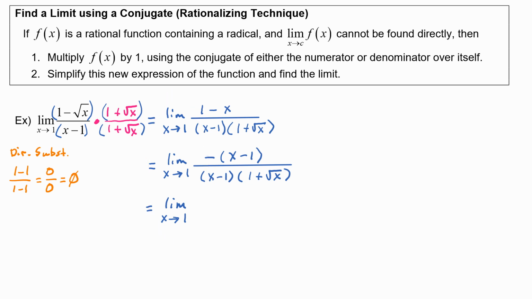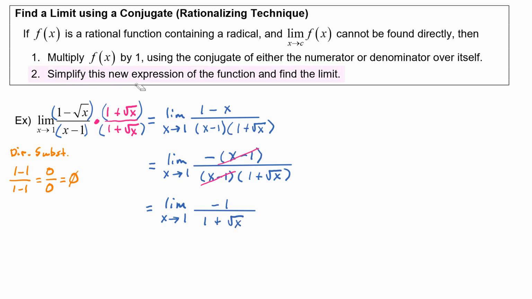Now within the limit, we are allowed to cancel out common factors. So this x minus 1 in the numerator will cancel with the x minus 1 in the denominator, and we are left with negative 1 over 1 plus radical x.